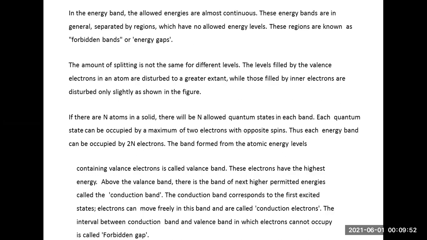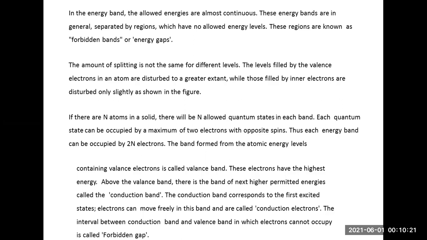The amount of splitting is not the same for different levels, because different elements have different energy levels. The levels filled with valence electrons in the atoms are disturbed to a larger extent, while those filled by inner electrons are disturbed only slightly, as you can see in the figure.